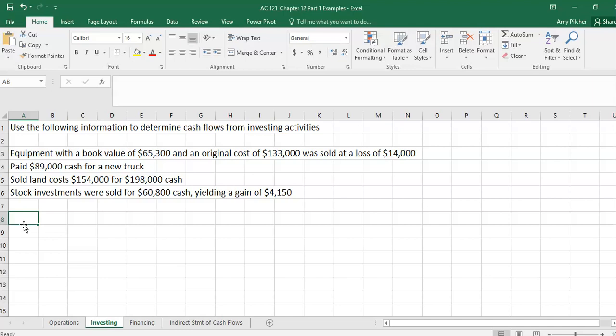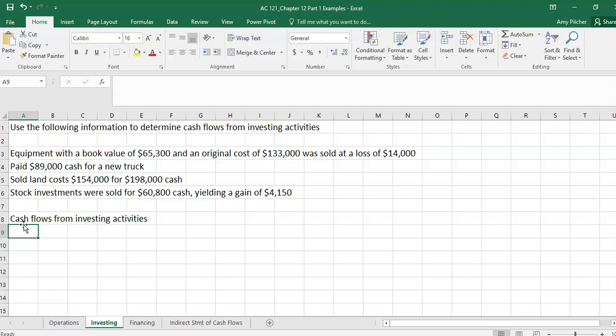Any of our own stock sales would go into the financing section, but if we purchase stock, then that goes in our investing section. So we would have cash flows from investing activities, and all four of these are investing activities. We have a property transaction, two equipment transactions, and an investment transaction.